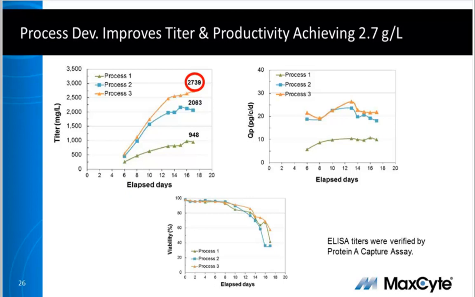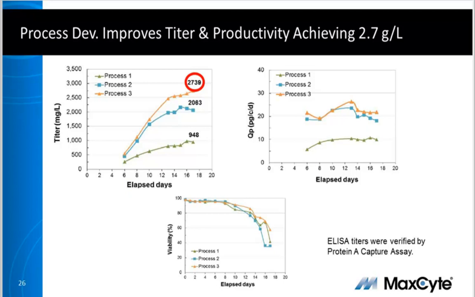The data shown here illustrates how even a minimal amount of process development can significantly improve antibody titers. In this experiment, we transfected CHO-S cells with the same antibody expression plasmid that we used in the earlier scalability data. Transfected cells were divided into 3 shake flasks where we tested different base media and feed supplements.